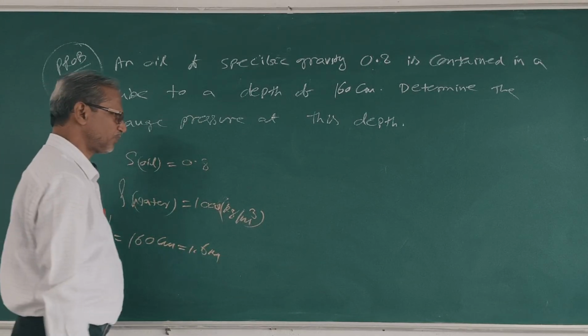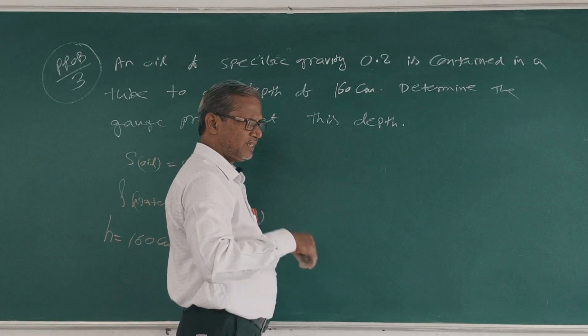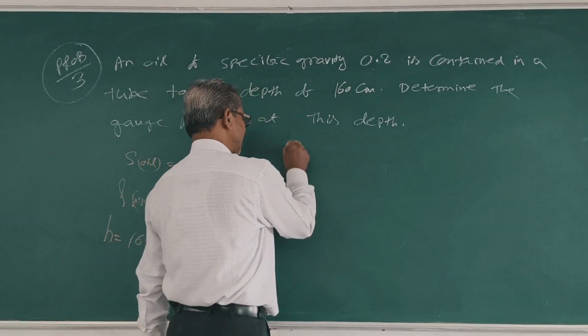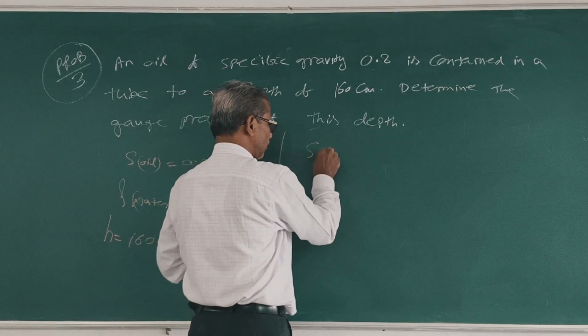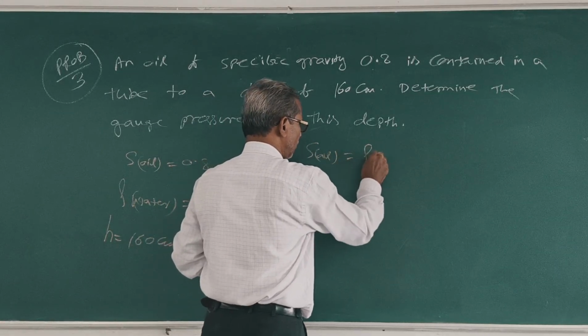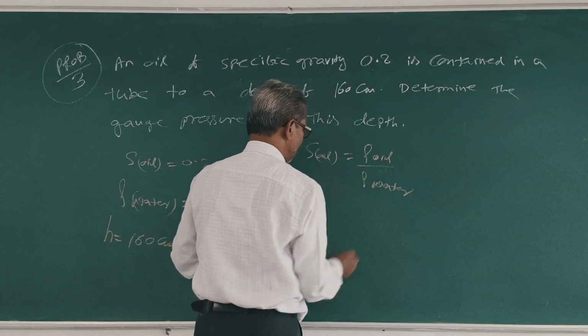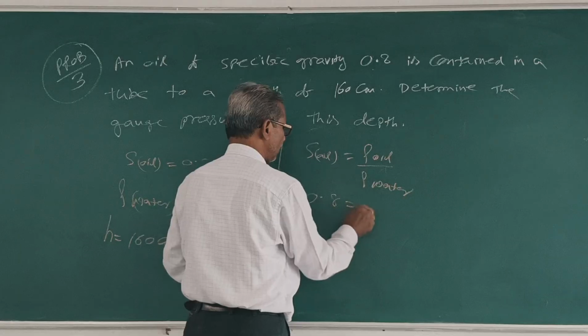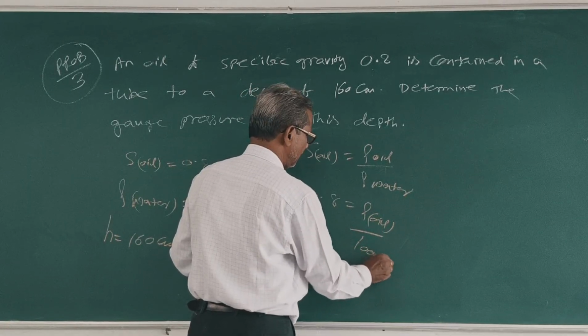Now, first find out rho oil, then the pressure of the oil. What is S oil? What is S oil equal to? Rho oil by rho water. Clear? So 0.8 is equal to rho oil by 1000 kg per meter cube.